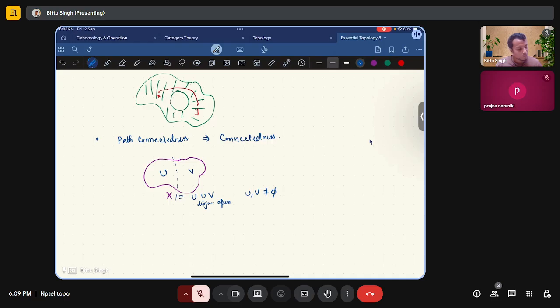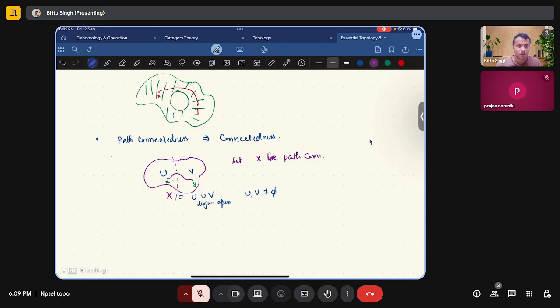Then what will be the problem? Since those are non-empty, choose two points, one point from U, suppose this is x, and another point from V, y. Now we assume X is path connected. Let X be a path connected space. Now what will be the contradiction? Since it is path connected, we can join those two points by a path, right?